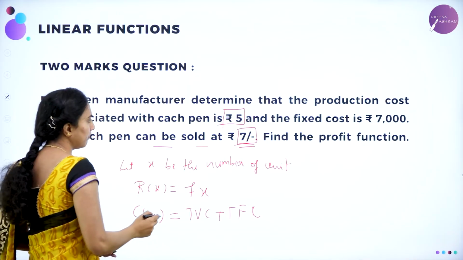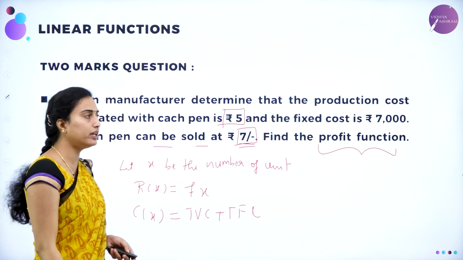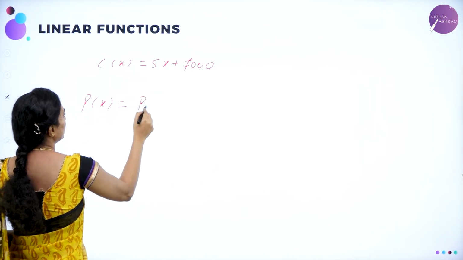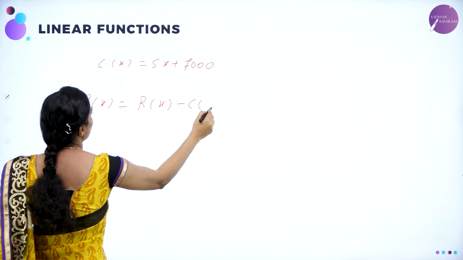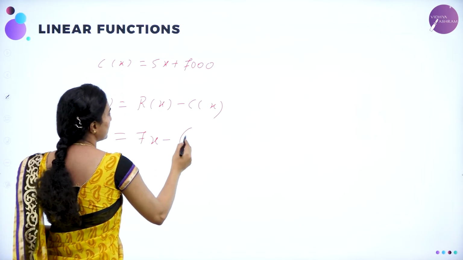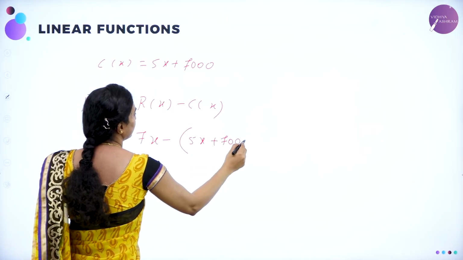Now they've asked you to calculate the profit function. The profit function is given by P of x is equal to R of x minus C of x, which is 7x minus, open the bracket, 5x plus 7,000.